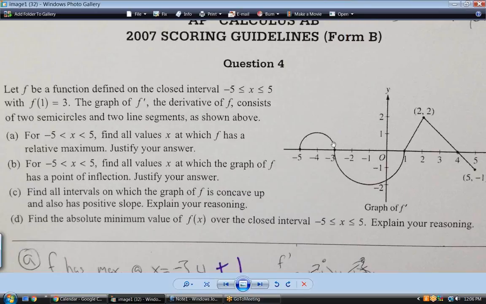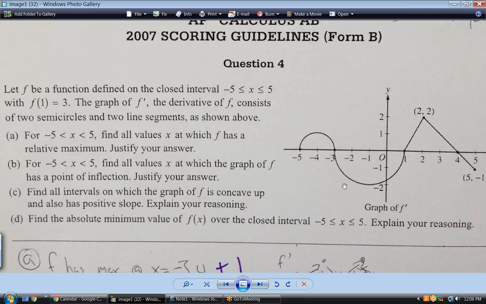It's going from positive, and remember we're talking about the slopes on this graph. Always keep that in mind, that your first derivative is slope. So the slopes are going from positive to 0 to negative. That's a relative maximum. Okay.